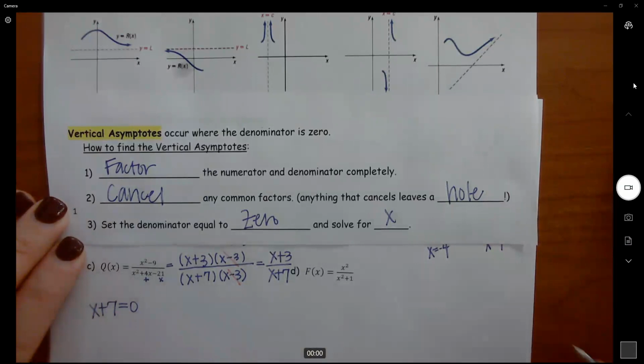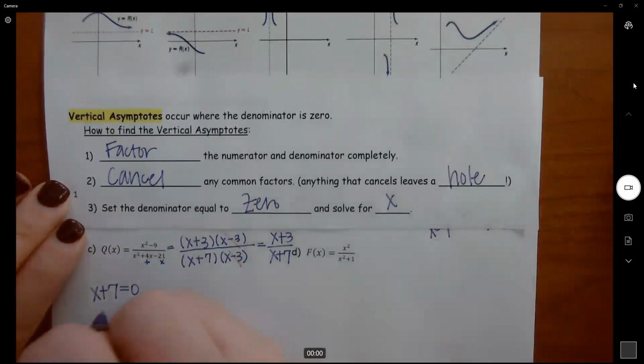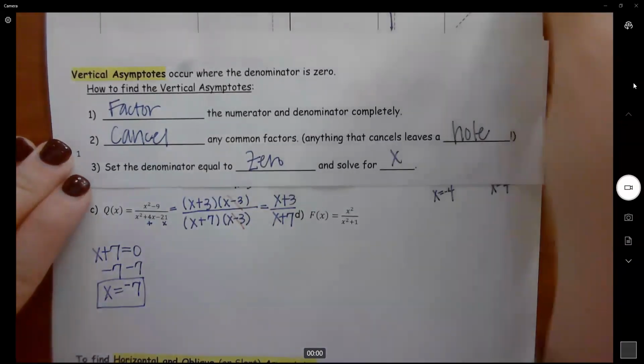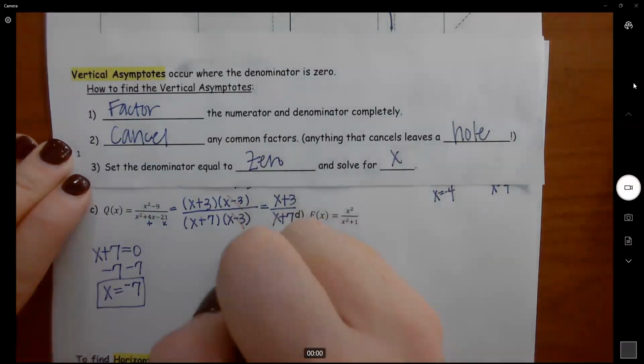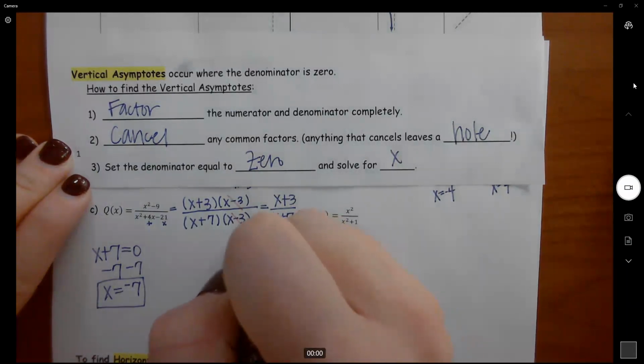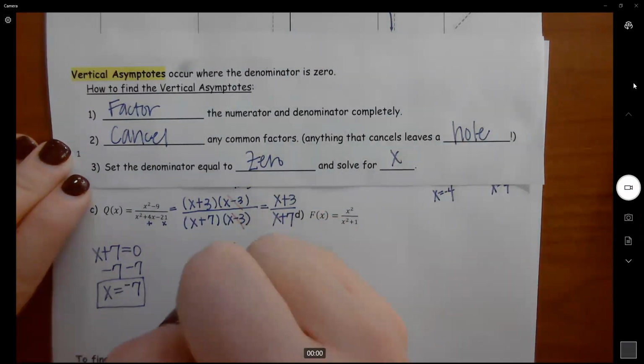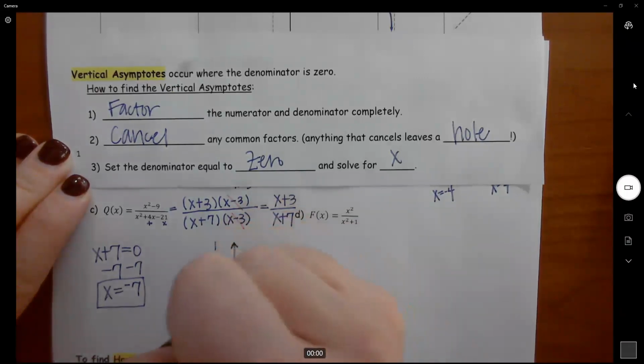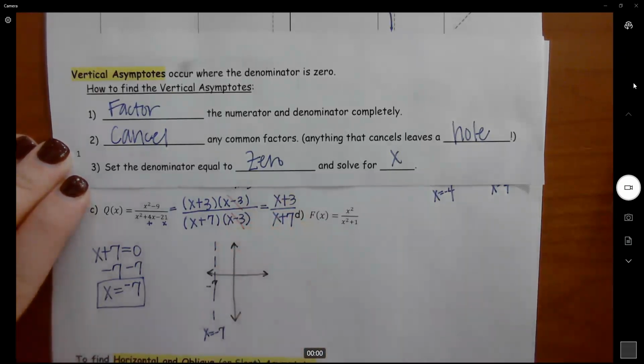We have x plus 7 equals 0. Subtract your 7 and we get x equals negative 7. So we come over here to negative 7, and there is my vertical asymptote.